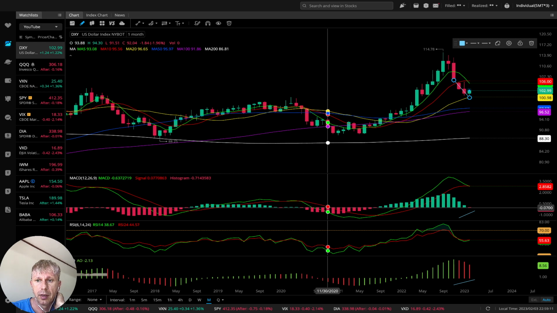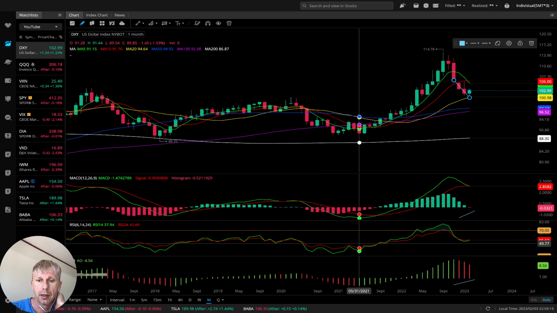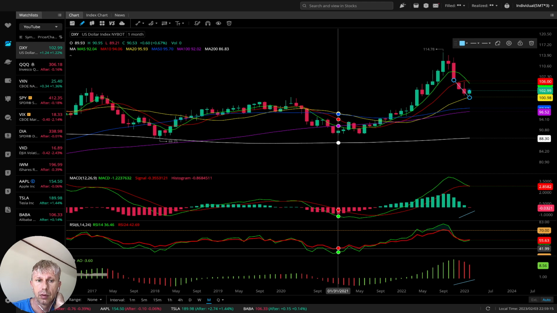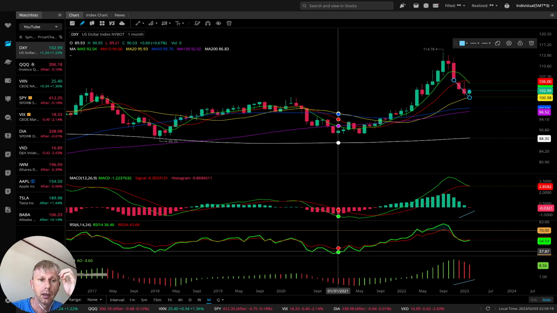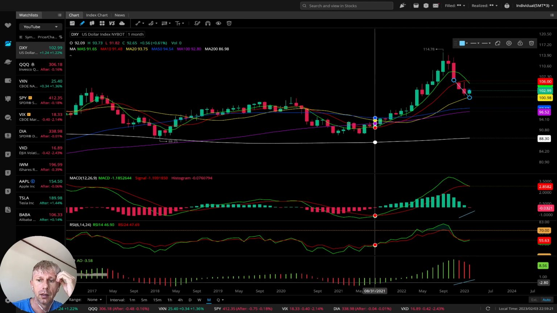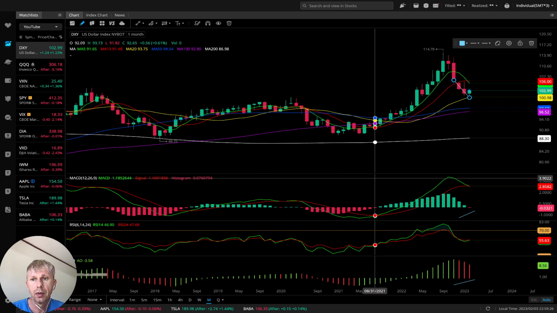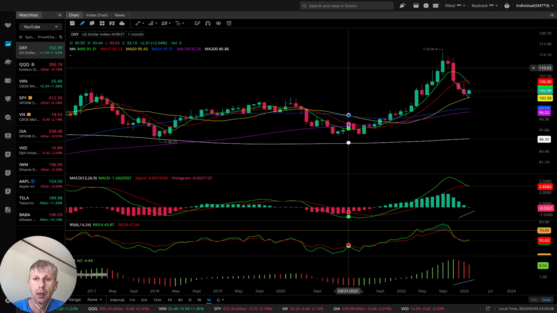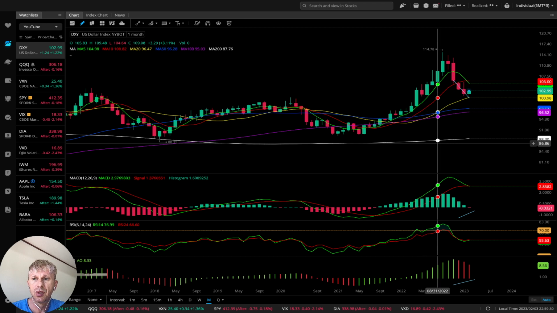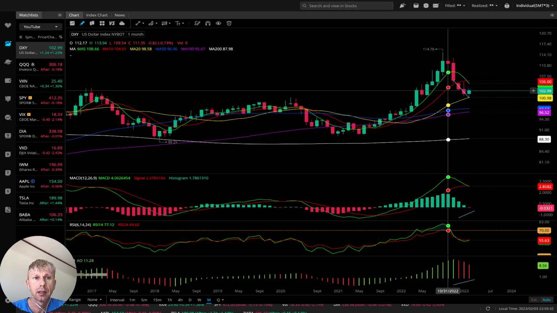Histogram, red is bearish, green is bullish. RSI, signal line red, and green line is the RSI line. Awesome Oscillator, green is bearish, red is bullish. That's so simple. It's not easy because of the emotions, both emotions and discipline.